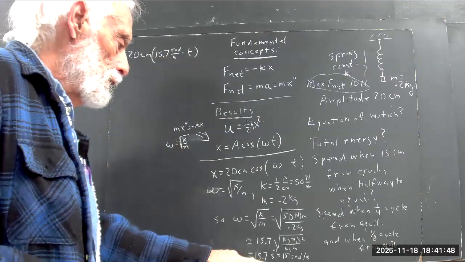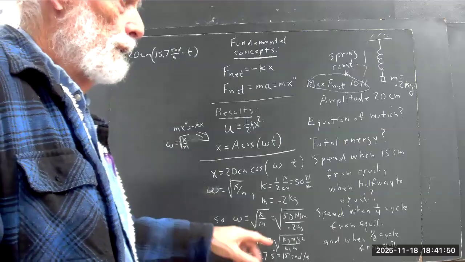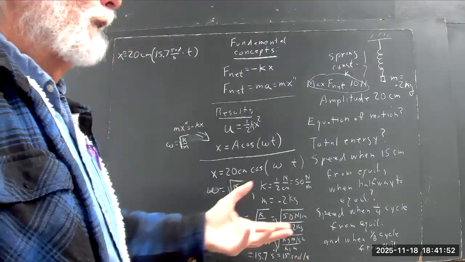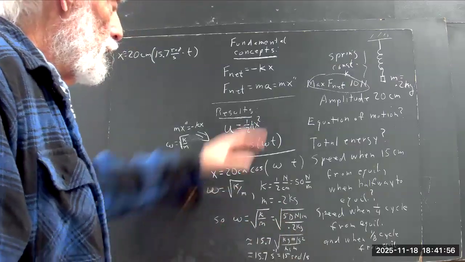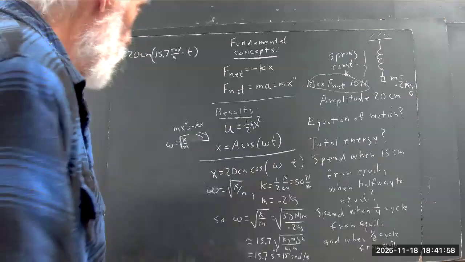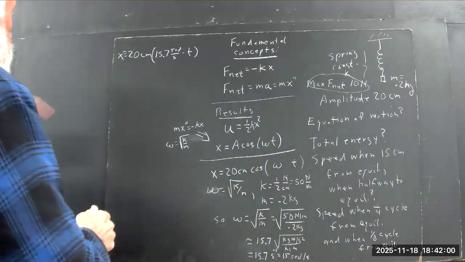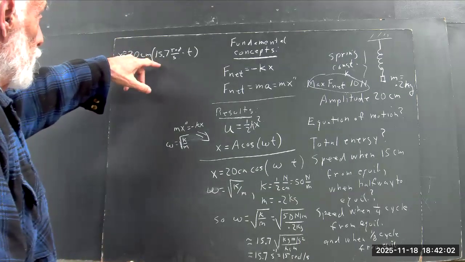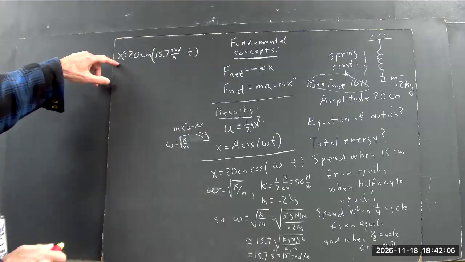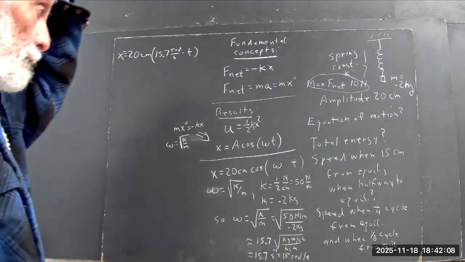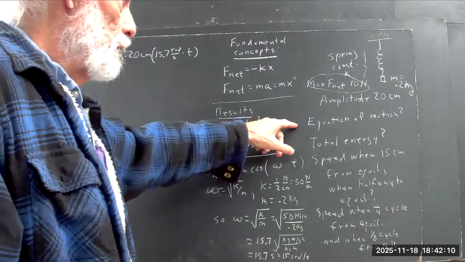Now you can make this as precise as you like, as precise as you need to answer whatever questions you might have about the motion here. Okay, so 20 centimeters, 15.7 radians per second times t. There's your equation of motion.